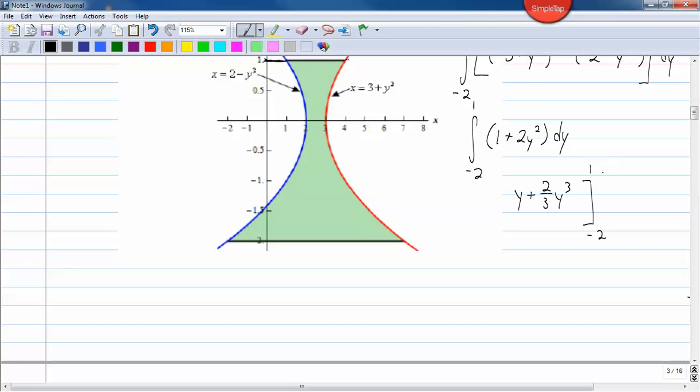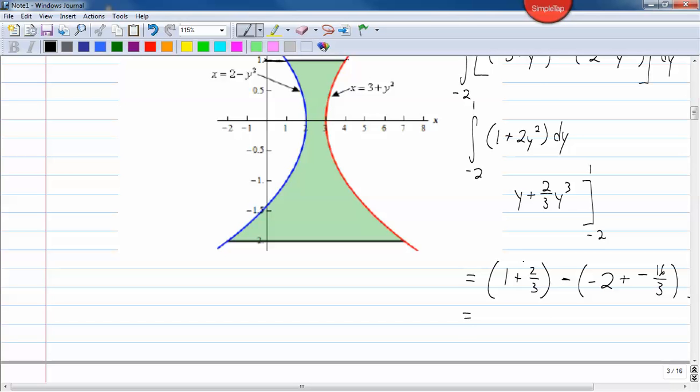So first, plug in a 1. So you're going to get 1 plus 2/3, minus, now plug in a -2. So we'll get -2 plus -2 cubed is -8. So that's going to be a negative 16/3.